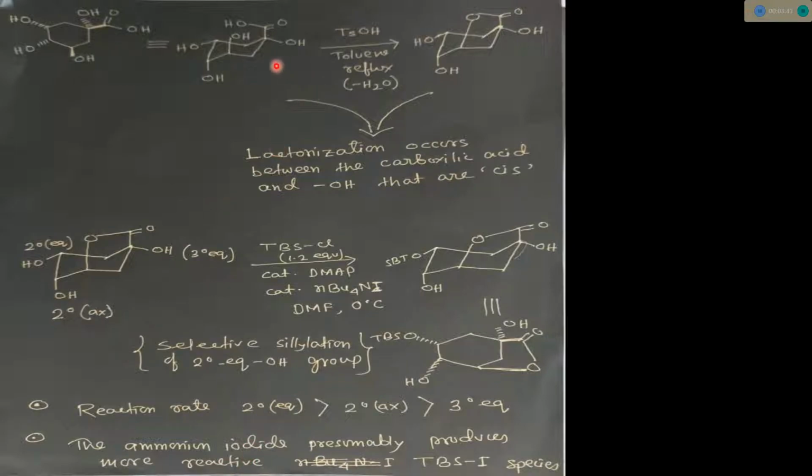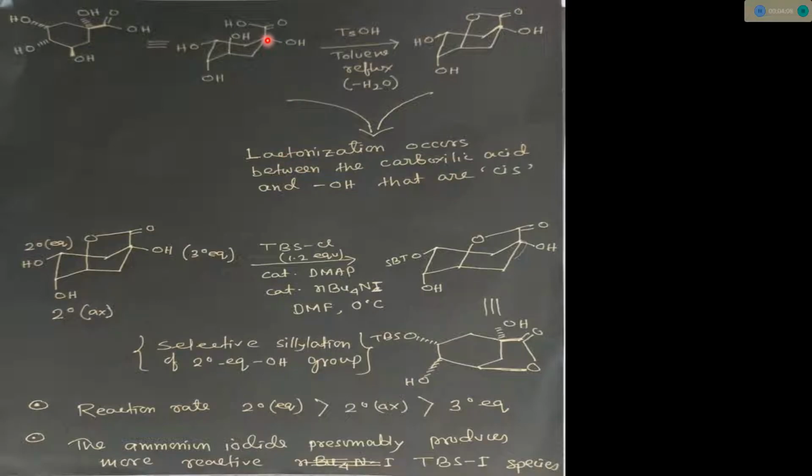So in this molecule we can see that 4 hydroxyl groups and 1 carboxylic acid group are present. The hydroxyl group in cis orientation with the carboxylic acid will take part in this esterification or lactonization process.